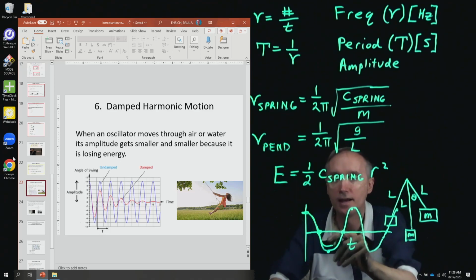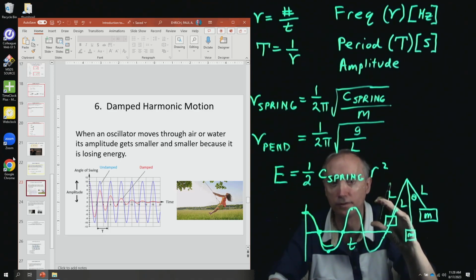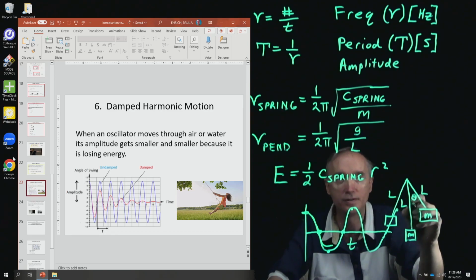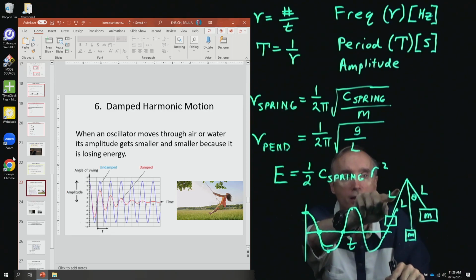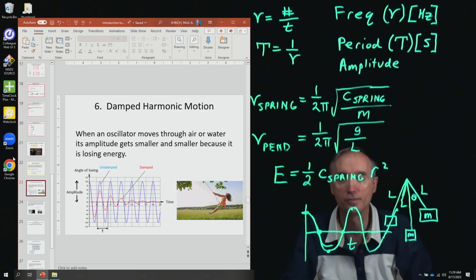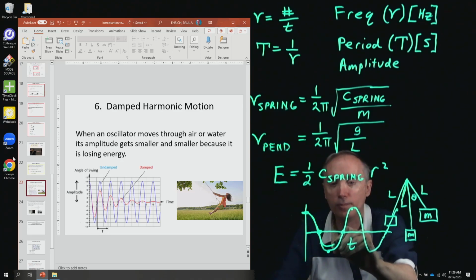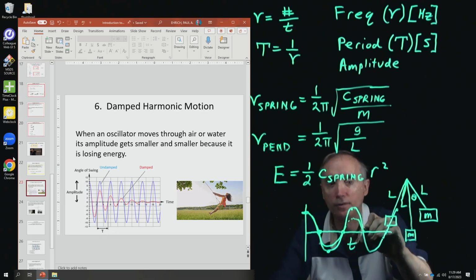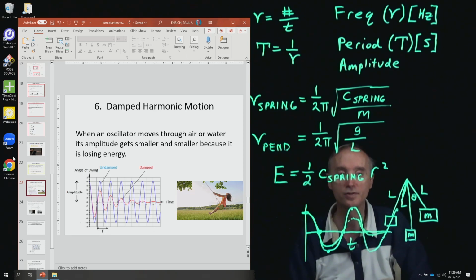So it has a slightly smaller amplitude. Instead of swinging all the way out to here, maybe they're swinging out to right there. Then it's still going to go back through 0, but maybe it's now here, and then maybe it's right here. Do you notice that the amplitude is getting smaller and smaller?